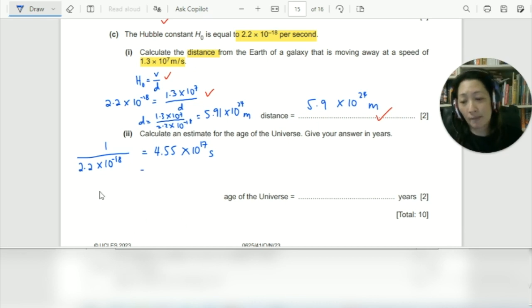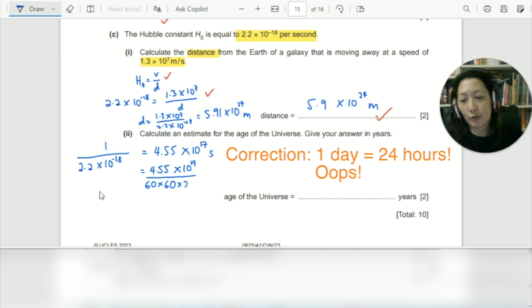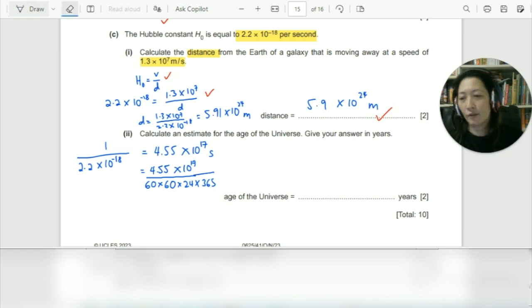You'll be able to get it by dividing this value by 60 seconds for minutes, 60 minutes for hours, 24 hours for days, and 365 days for 1 year. When we calculate this out, this would give us about 1.44 times 10 to the power of 10 years.